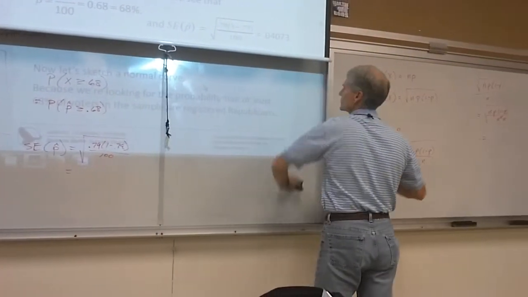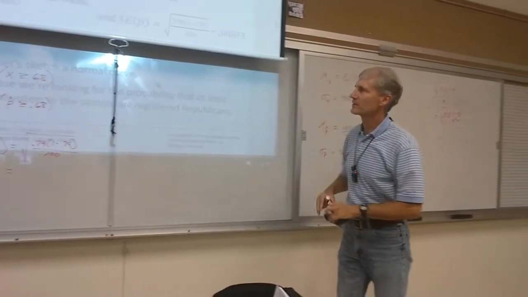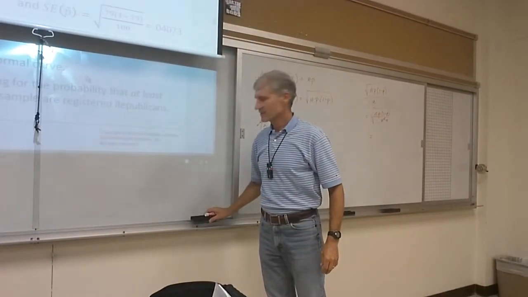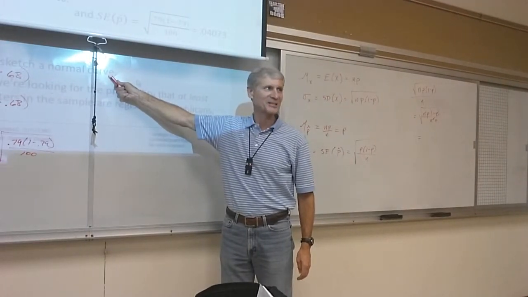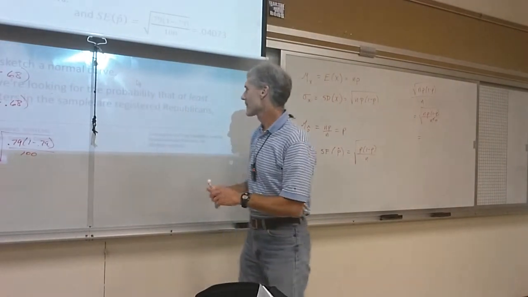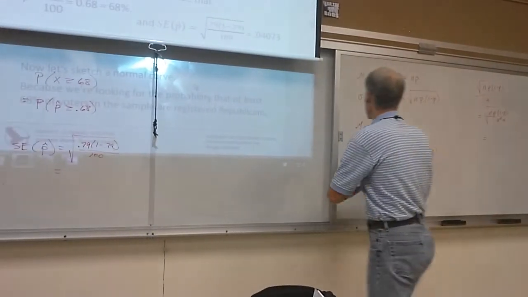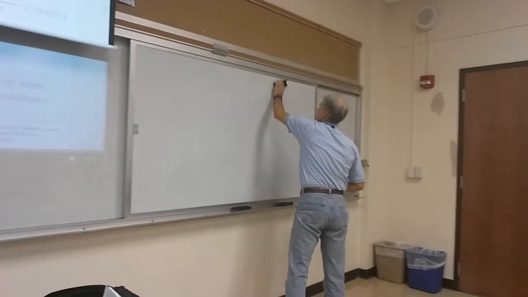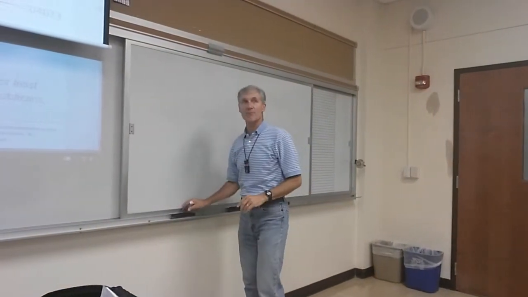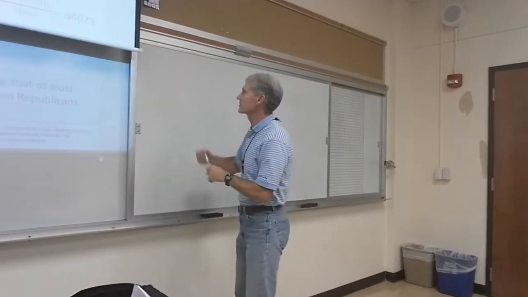So what's the next thing we should do? Hint: draw a picture. All right, draw a picture. The central limit theorem was met, so that tells us the shape of the distribution will be bell-shaped and symmetric.